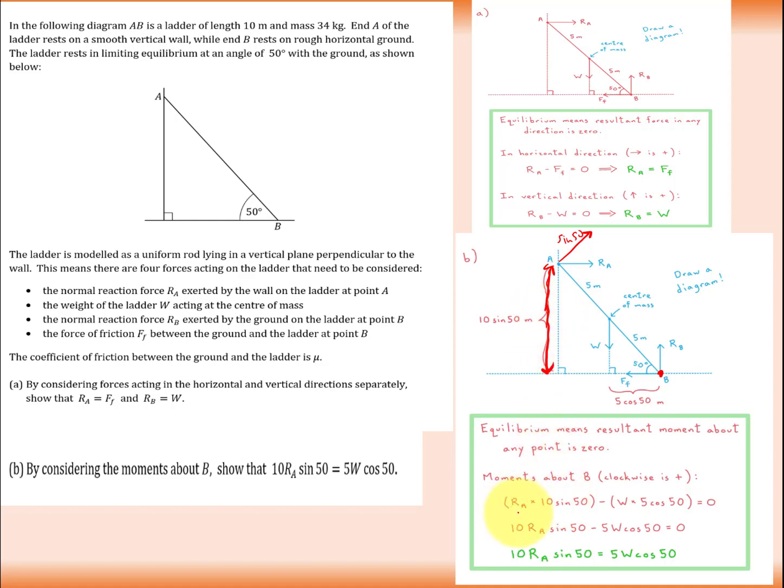So that's why we get RA times 10 sine 50. That's going clockwise, that's clear.